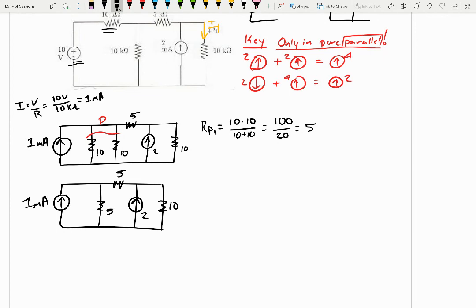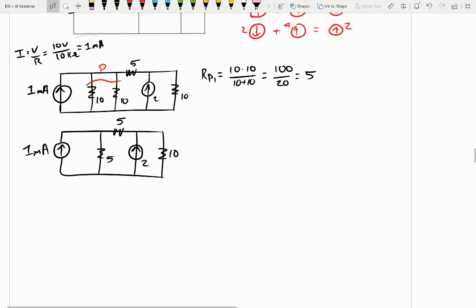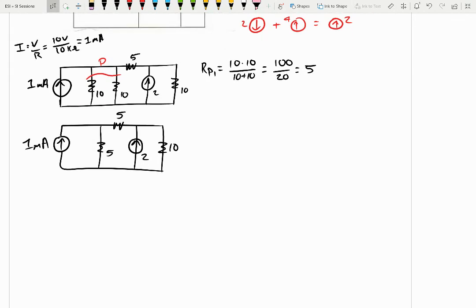It's acting a little buggy when I try to write on the sides of the screen. Okay. But I still have an issue because this thing still isn't in pure parallel because of that resistance again. But I can see that if I was to take that resistance and pull it up to that wire, then I could combine these two resistors in series.